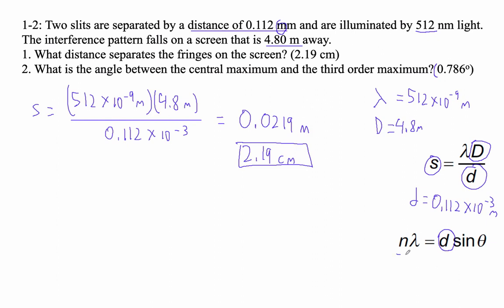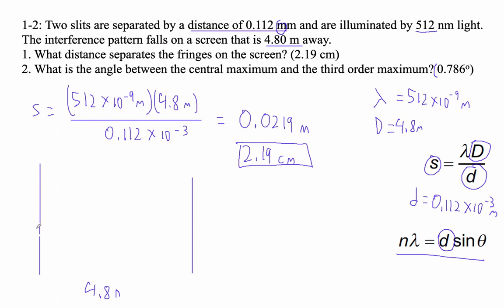We could use this. We could find that. So let's take a look at this one. So we've got a screen that's 4.8 meters away. We've got these narrow slits, right?